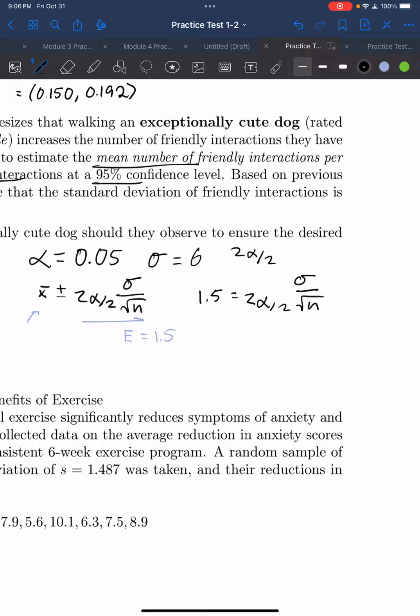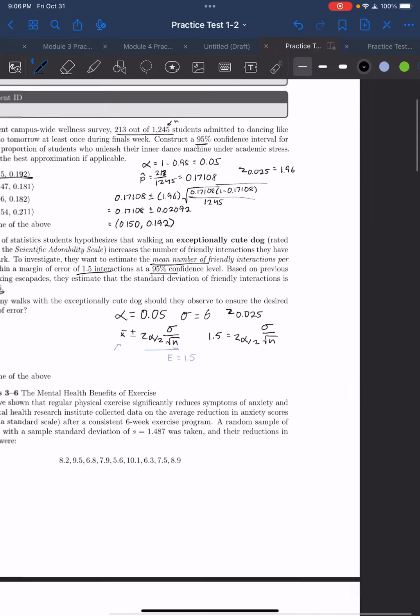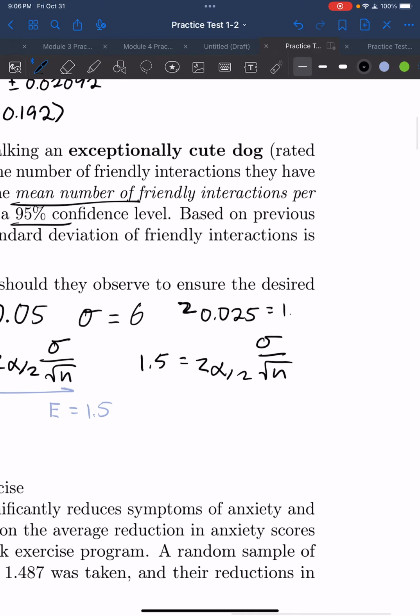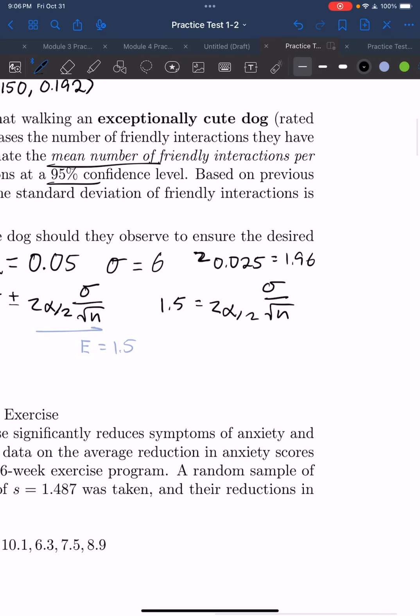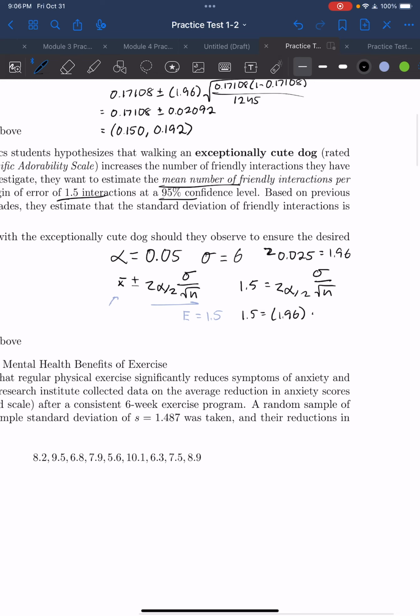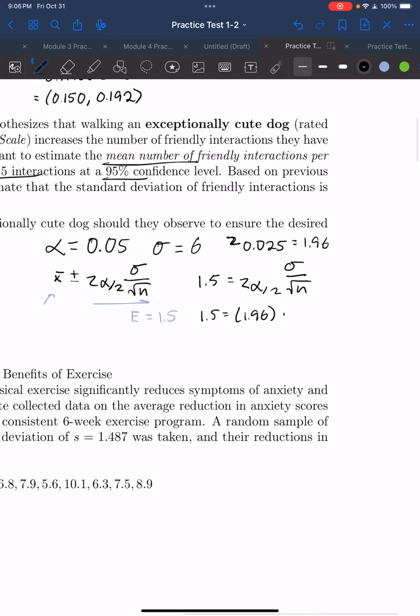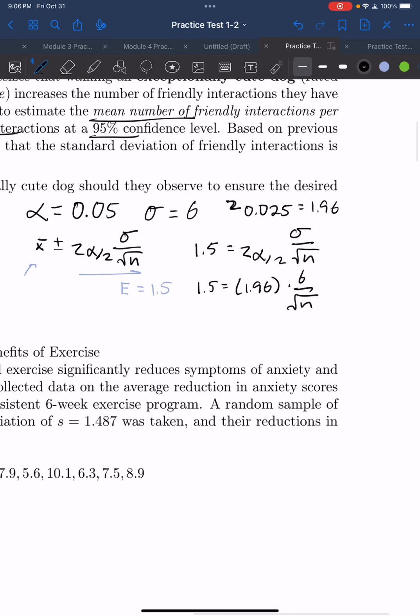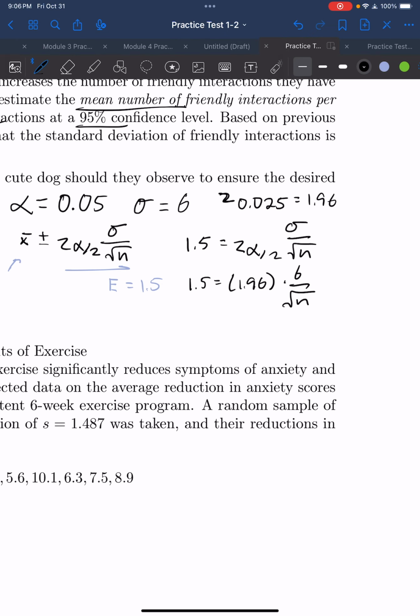It's z alpha divided by 2, so that's our z value with alpha value of 0.025, and we had that earlier, so we saw from the z table that it's 1.96, and so now we can just plug this in, and then we have 1.5 equals 1.96 times our standard deviation, which they give over here is 6, and then divided by the square root of n, which is what we're solving for, and we can just solve this like normal. So we can divide both sides by 1.96.